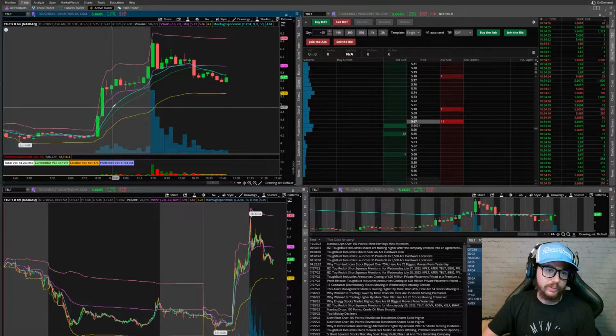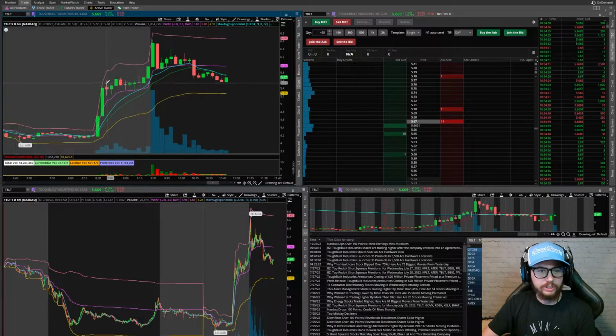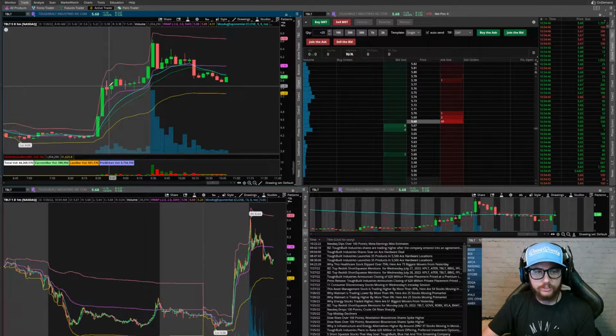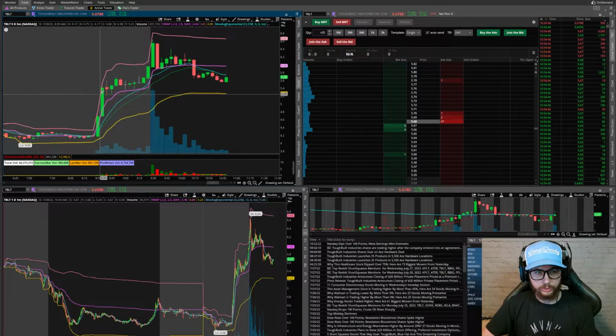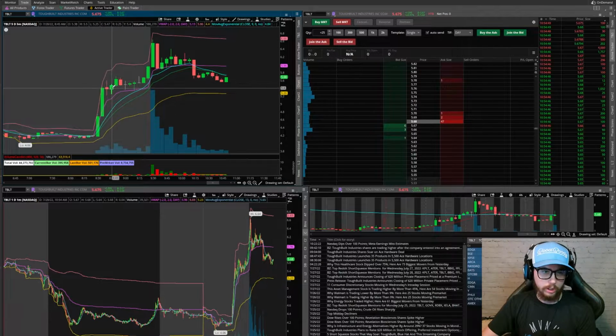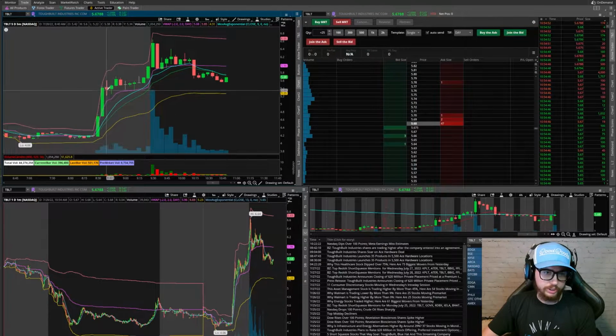What we want to see on a 5-minute pullback is, if you look at TBLT pre-market, this had 2 large 5-minute candles. This went from 4.16 to 5.45 in these 2 candles. So the red candle you can see here opens right here.